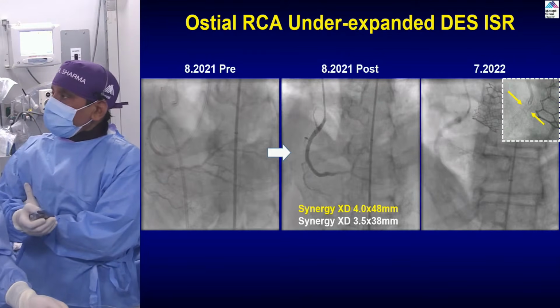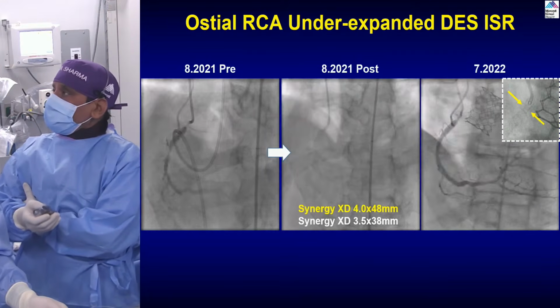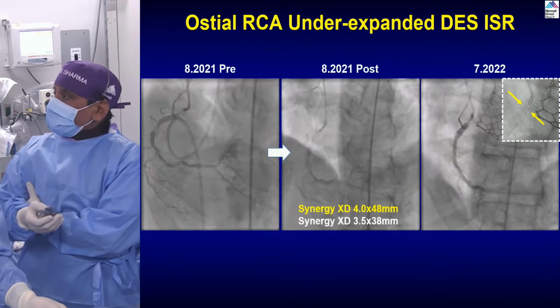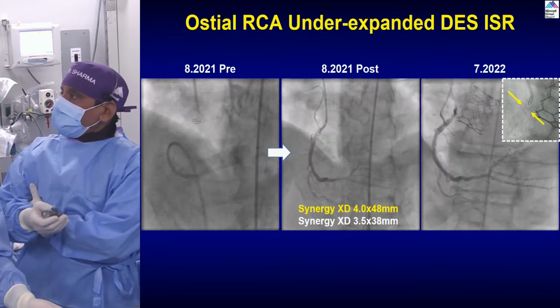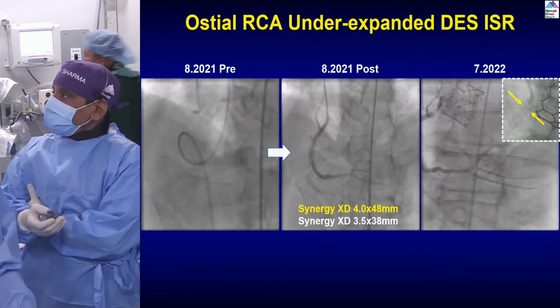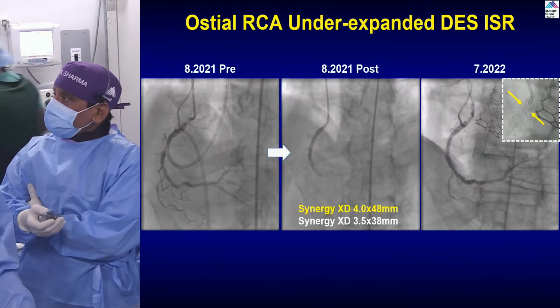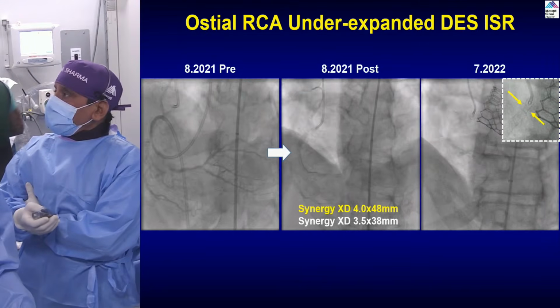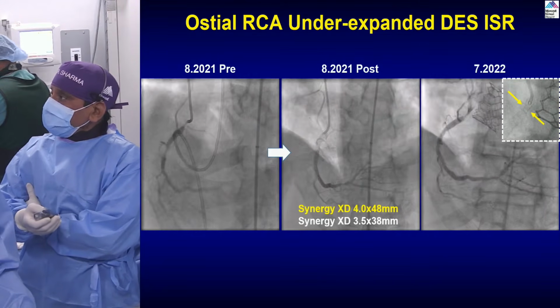Whether it's underexpanded or not by angiogram, if you see the angiogram from last year, we post-dilated with a 4.0 at very high pressure, very nicely expanded. This is the pre-TAVR last year, and now the stent is underexpanded as well as re-stenosed.